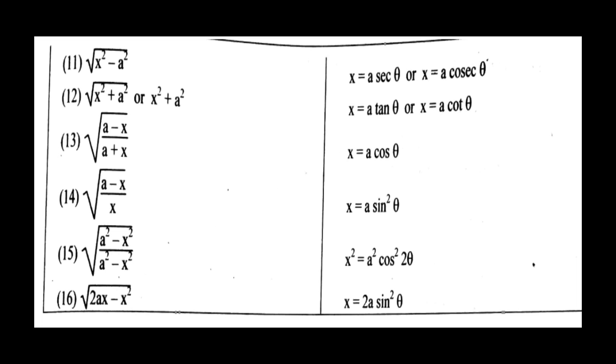Basically it relates to the trigonometry formulas. If you have a better understanding of trigonometric formulas or the trigonometry chapter, then you can easily relate this part. The substitution is totally based on the trigonometry formulas.